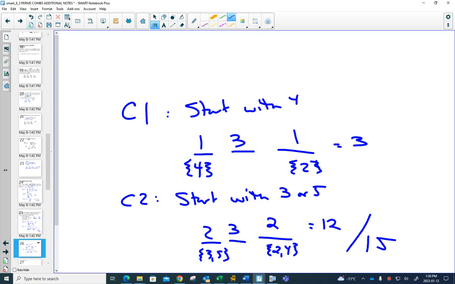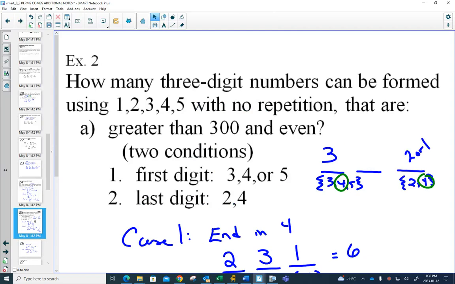So which restriction you decide to break up doesn't matter as long as you're explaining it in your instructions, like case 1 was this, case 2 is this. Generally, to make your life as easy as possible, if you have a case that only has 2 options, that's usually a good case to break up, because it's either this one or this one.